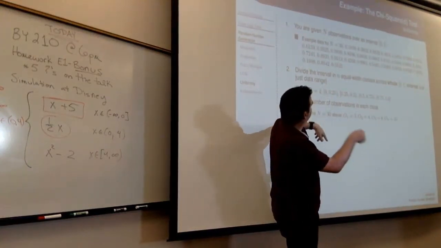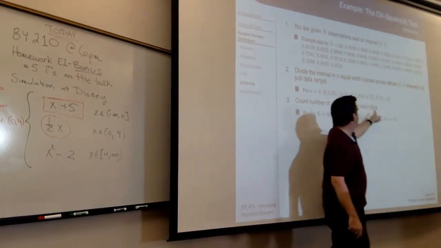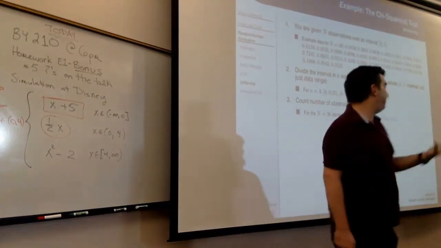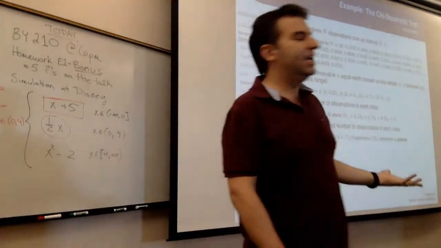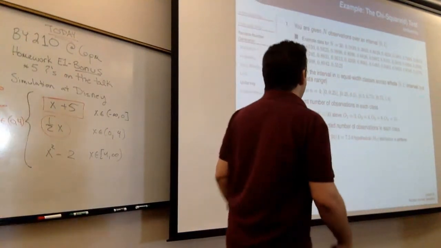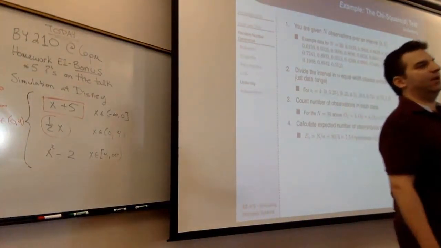If you were to go through each one of these, you see there's 3 that are in this interval, 4 in this one, 8 in this one, and 15 that are in this one. And then I figure out how many I would expect. Well, if I've got 30 observations, if they were uniformly distributed, I'd roughly get 7.5, so 7 or 8, in each subinterval.